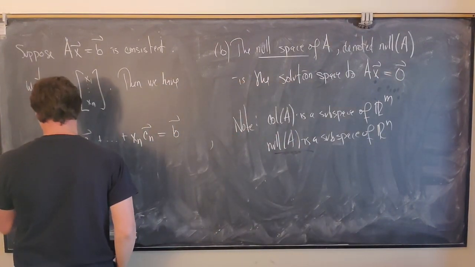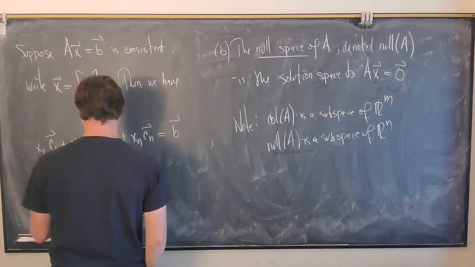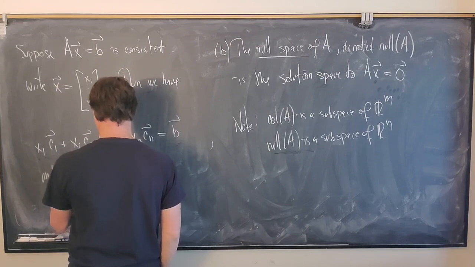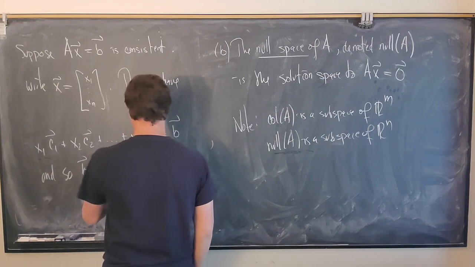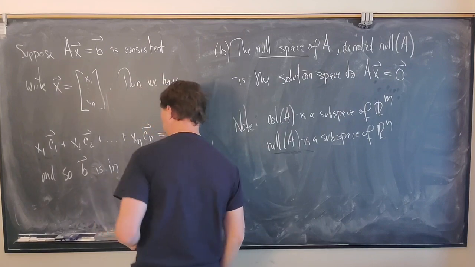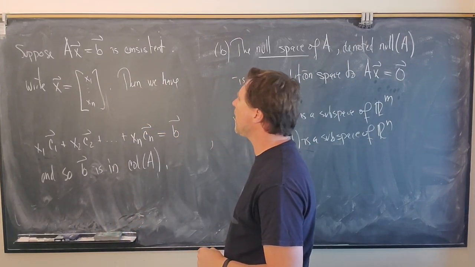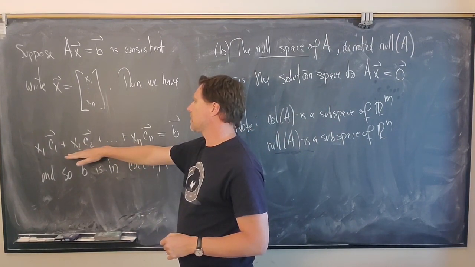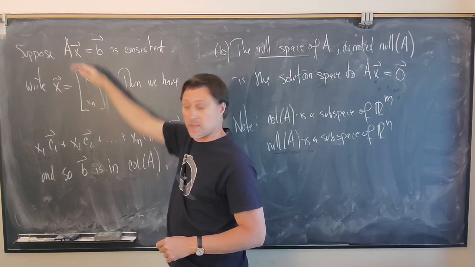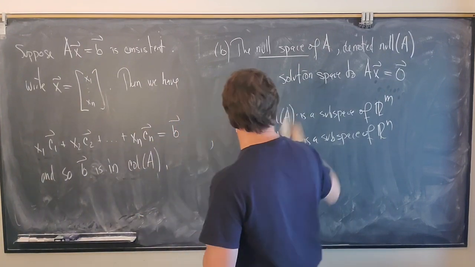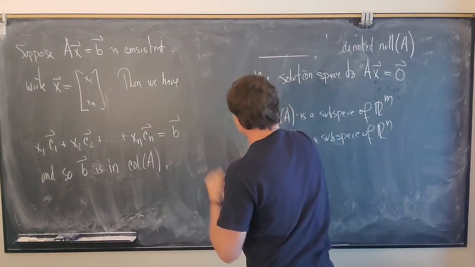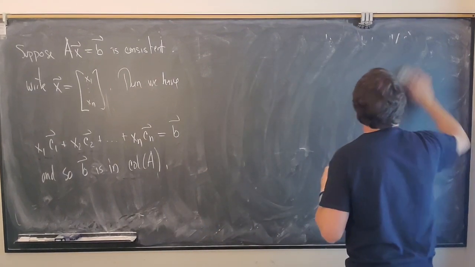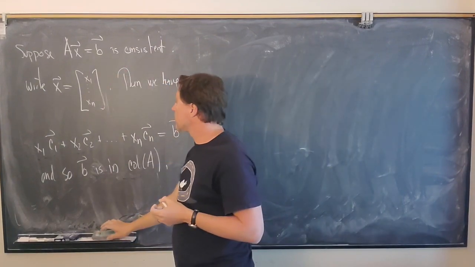And so B is in the column space of A. And this argument reverses also. If B is in the column space of A, then it can be expressed like this, which tells us that this system is consistent. It tells us exactly what a solution would be. So let's write this as a theorem that totally captures what it means for this original matrix system to be consistent.